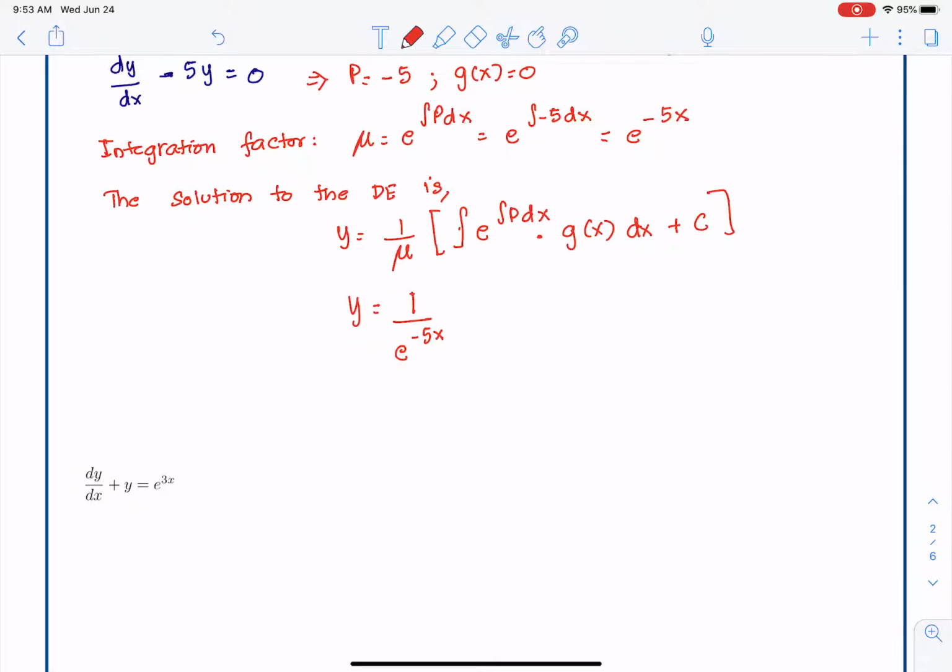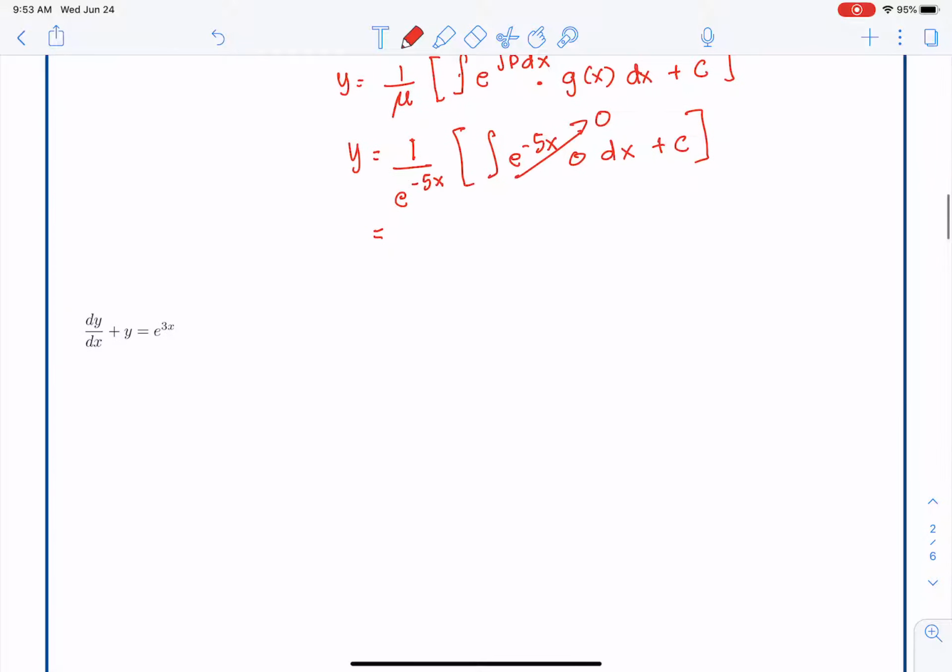Plus c, and the integrating factor is e raised -5x, and g of x is 0, so 0 dx plus c. The entire term here goes away, so we have y equals 1 over e raised -5x times c, which is e raised 5x times c.